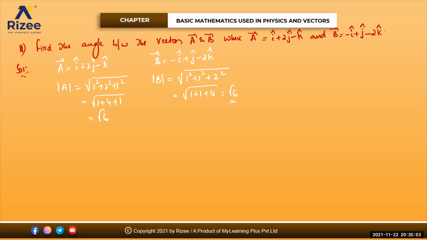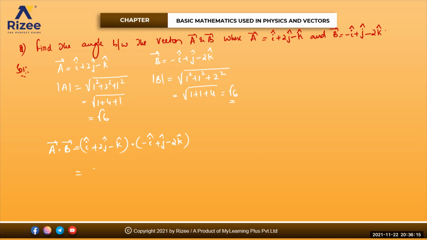Now calculate the value of A bar dot B bar. A bar dot B bar will be equal to, what is the formula? What is A bar? i cap plus 2 j cap minus k cap dot B bar. B bar value is equal to how much? Minus i cap plus j cap minus 2 k cap.